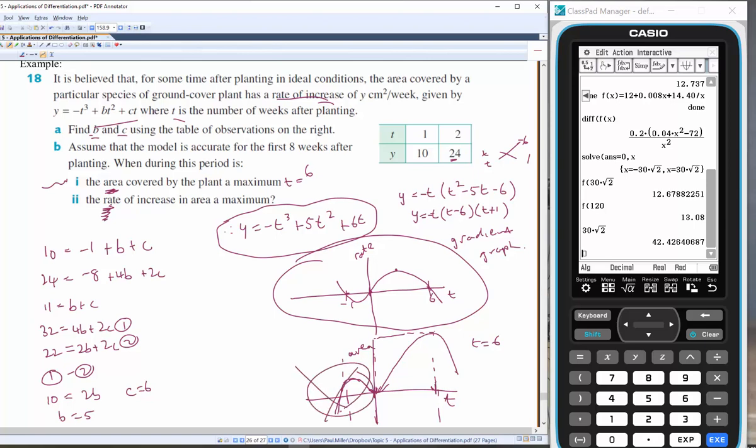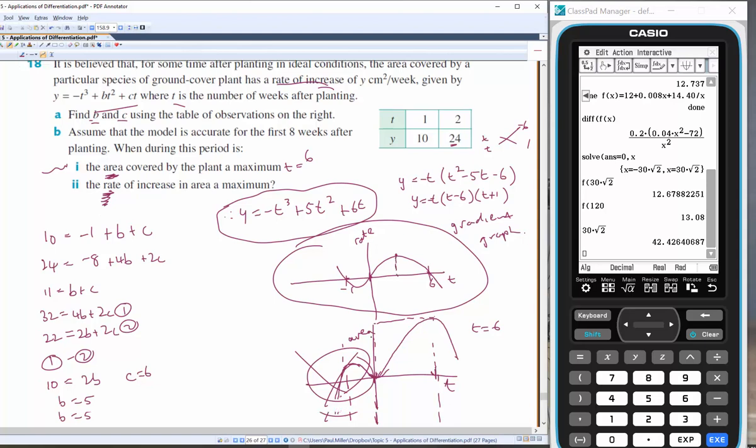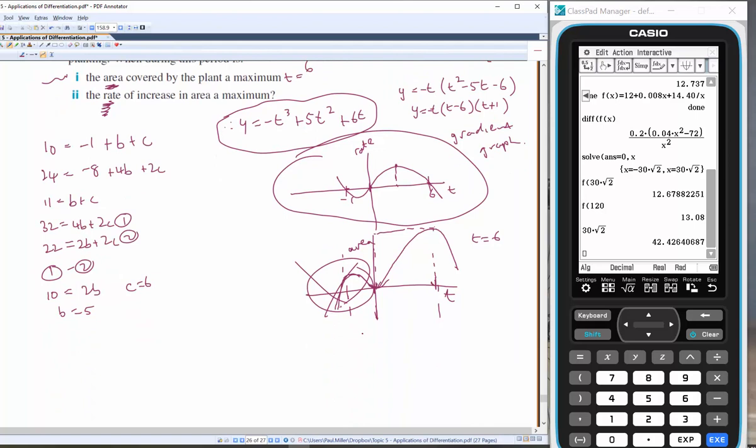Then the second part says, when is the rate of increase in area a maximum? Well, that's just going to be this point here. So I'm just going to do this last part. So that's the answer to part 1. So part 2, when is the rate of increase in area the maximum?